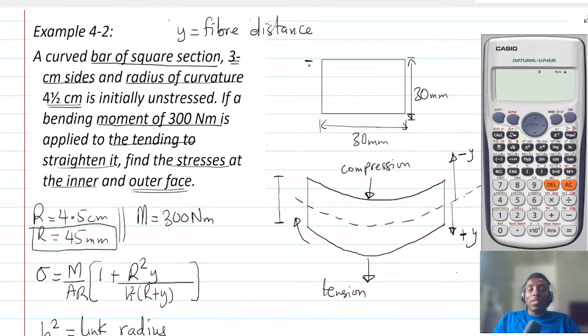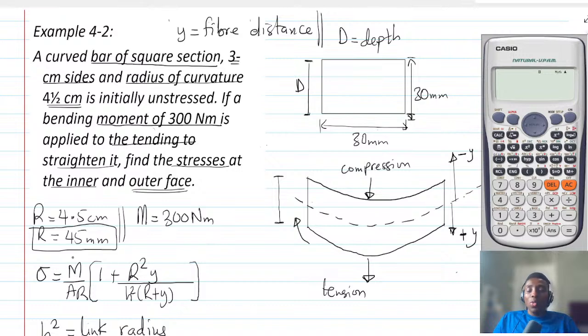Even if it is a rectangular cross section, the d will always represent the depth. So whenever you see d, it means depth. That's all.